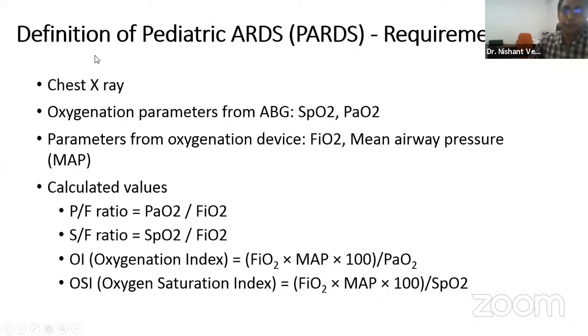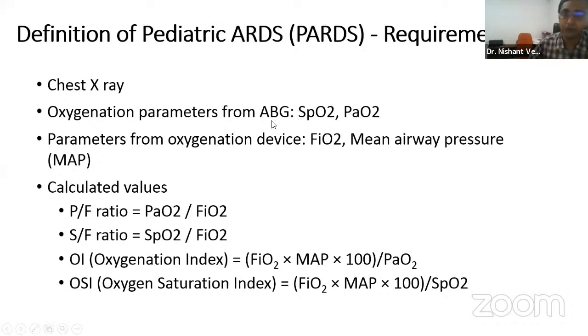How do we define pediatric ARDS? This pediatric ARDS definition was given by the International Society of Critical Care Medicine, and this is the one which is most widely followed. For defining ARDS in children, we need certain parameters. So what are these parameters? One is a chest X-ray. We need certain oxygenation parameters from arterial blood gas, which include partial pressure of oxygen, PaO2, and SpO2.